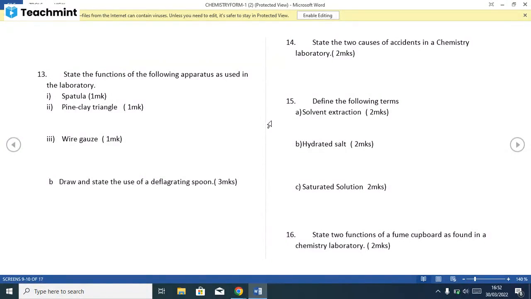So the process of obtaining or extracting oil from nuts is called solvent extraction and is a method of separation. Okay. Next.